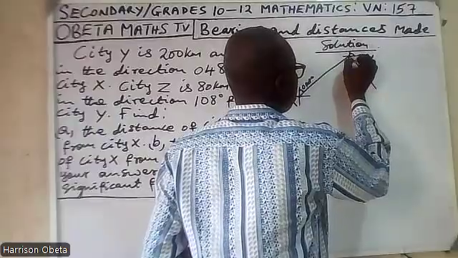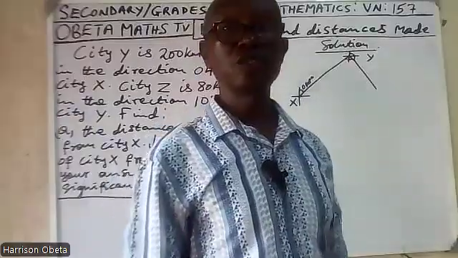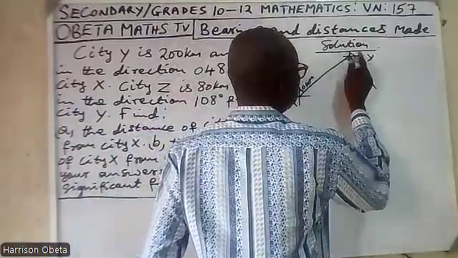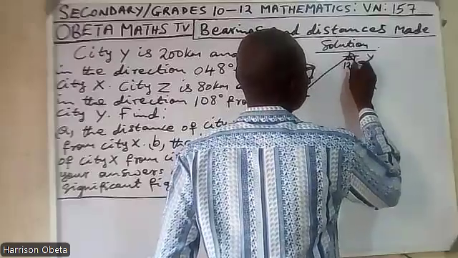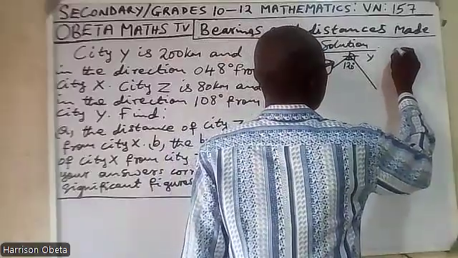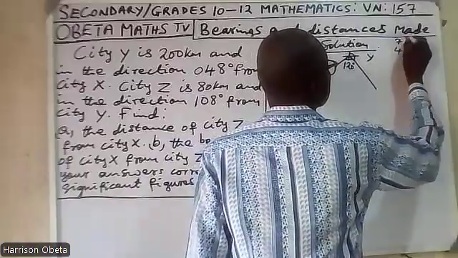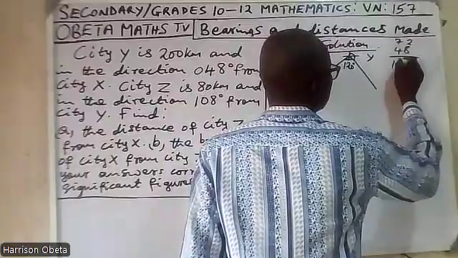That means the remaining here, that will make it 180, is 72 degrees. So it means that the whole of this is 120 degrees. That is 48 plus 72, giving 120.